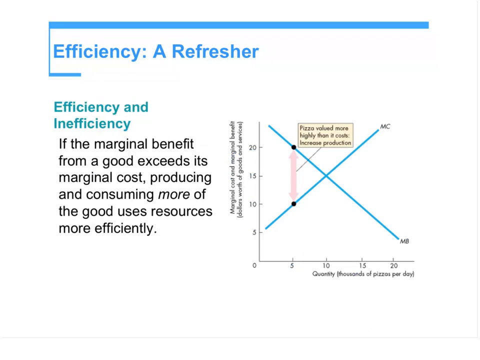So then, efficiency and inefficiency. If the marginal benefit from a good exceeds its marginal cost, producing and consuming more of the good uses resources more efficiently. Marginal benefit exceeds marginal cost when you're efficiently using the goods, and consuming more of that product gives you more marginal benefit.